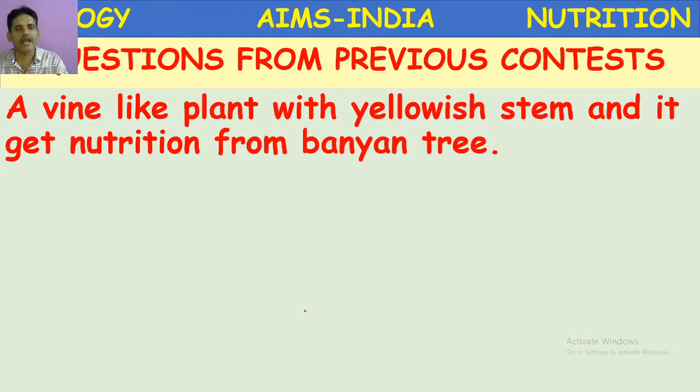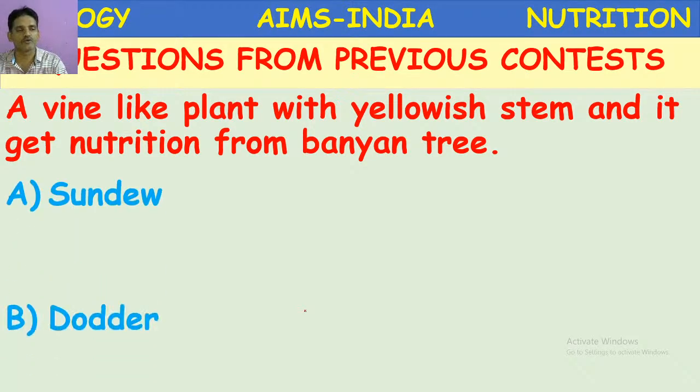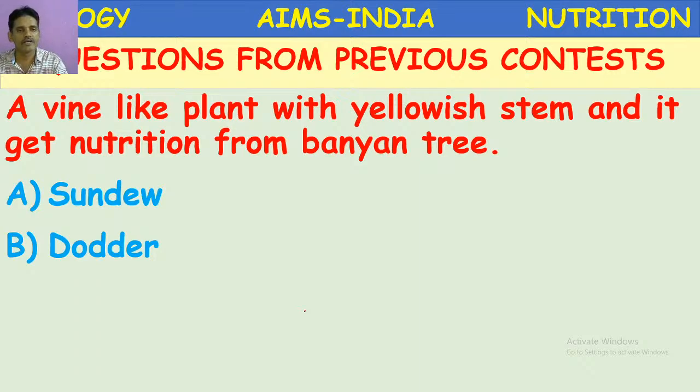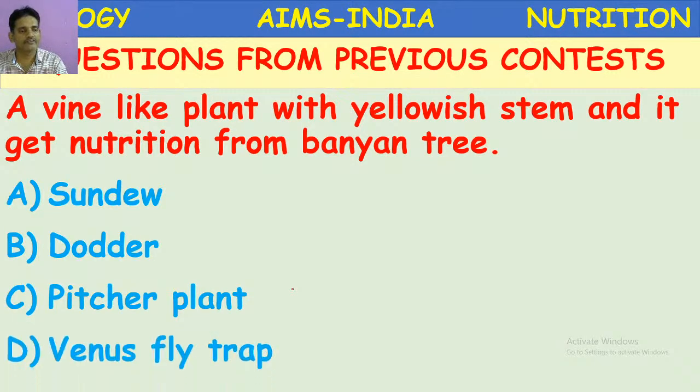A vine-like plant with a yellowish stem gets nutrition from a banyan tree, which it grows on, with the banyan tree as a host. Select the plant. Sundew plant is an insectivorous plant.